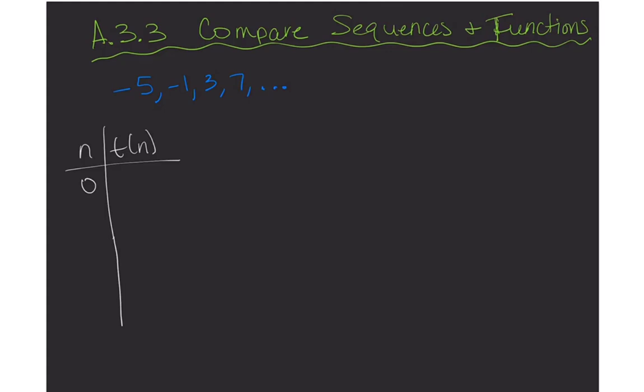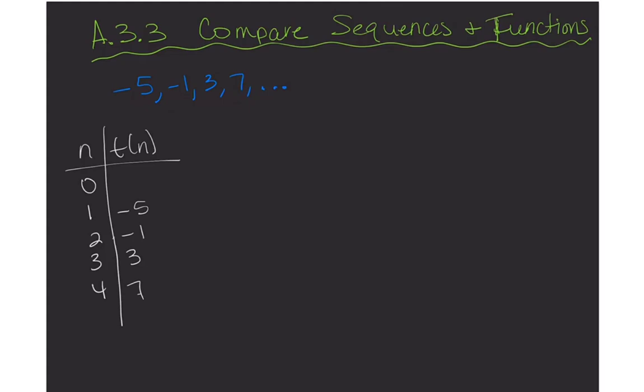So I'm just going to put a 0 there, and then jump to my first, second, third, and fourth numbers in the sequence, which we're given up here. So -5, -1, 3, and 7.